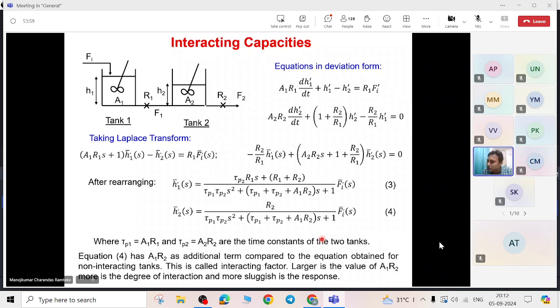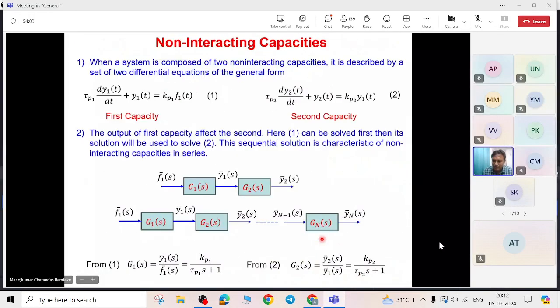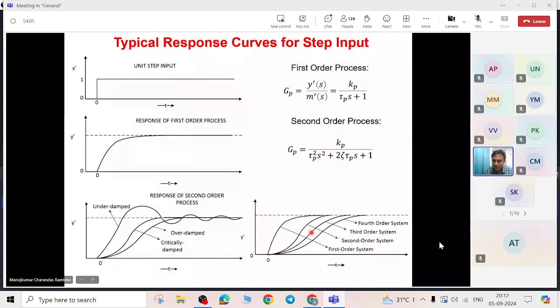Do you all agree with me or not? I can go back and show you. The fastest non-oscillatory response we get when my system is critically damped. That means zeta is equal to 1. And when the roots of the denominator are the same, in that case we get the critically damped system, isn't it?